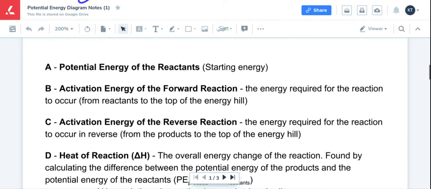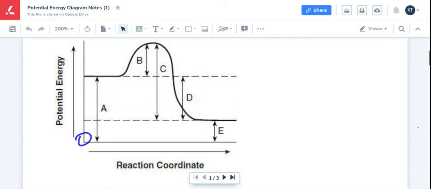So from the reactants to the top of the energy hill. So forward reaction means we start with the reactants and we go forward. Reverse reaction would mean we'd start with the products and go backwards. But right now, letter B is representing the amount of energy it takes to start off with the reactants, to break those bonds, and to get up to the top here of that energy hill.